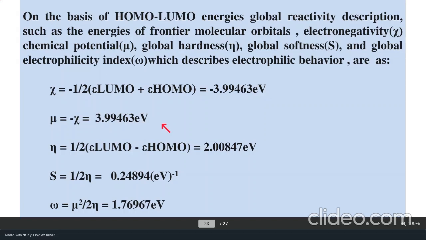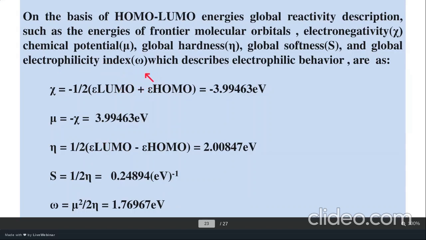By using this definition, we can calculate the chemical potential of that molecule, which is the negative of the electronegativity: mu equals minus chi. The value we get is 3.99463 electron volt. After that, we will calculate the global hardness, global softness and global electrophilicity index.